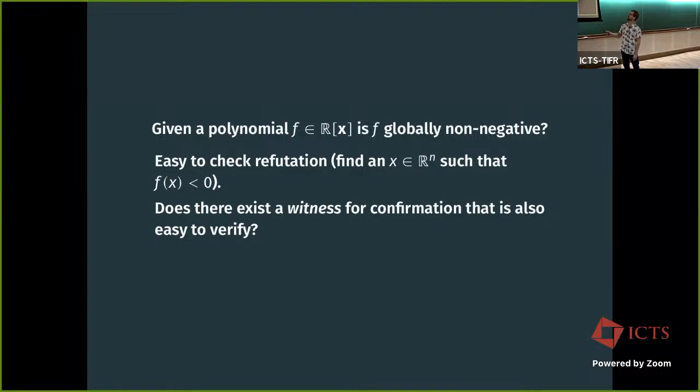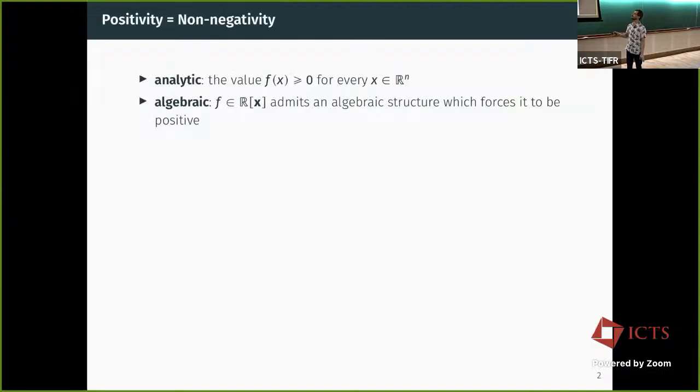But the question is, does there exist a witness that is also going to be easy to verify, that is going to prove to us that this polynomial is positive or non-negative? I'm going to use positivity and non-negativity as synonyms. We can look at this from two different sides.